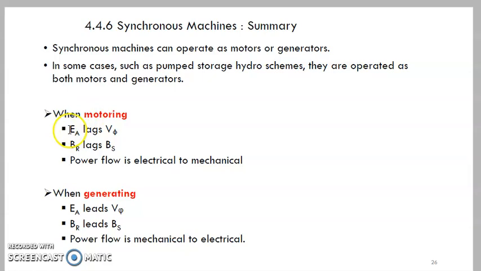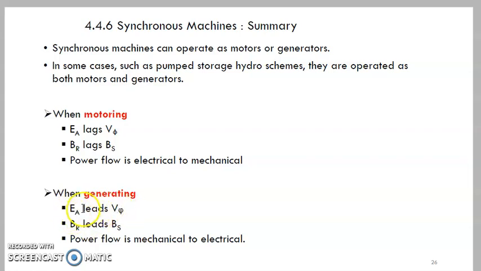During motoring, E_A for sure lags V phase. We put in V phase, we produce E_A, and the rotor speed lags the synchronous speed. Power flow is electrical to mechanical. This is motoring: we put in an electrical source and produce mechanical turning of the shaft and force. As a generator, E_A leads V phase.